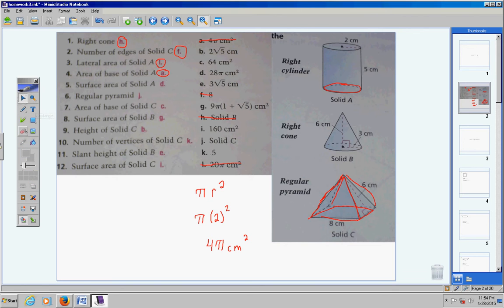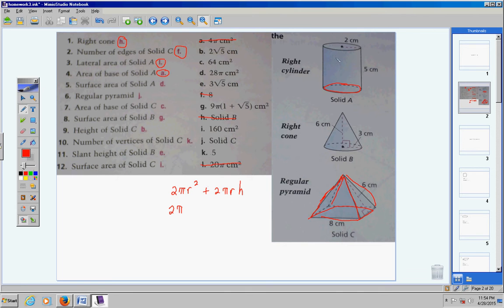Moving on to number 5, surface area of solid A. The formula is 2 pi r squared plus 2 pi r h. So I'm going to put 2 pi, and then square the radius in your head.